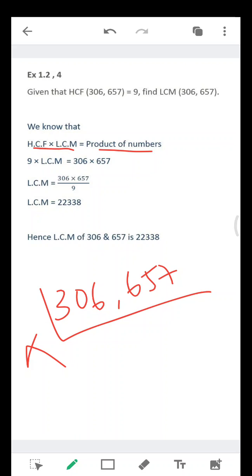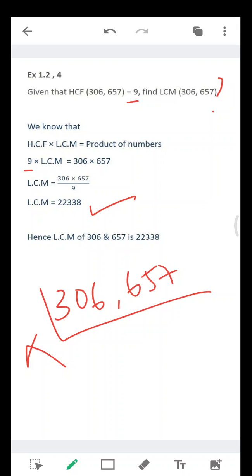SCF into LCM is equal to product of two numbers. SCF is 9, so I wrote 9 here. LCM, we don't know what is the LCM, so LCM as it is, and the two numbers are 306 and 657. Okay, so LCM will be 306 into 657 by 9. When you simplify it further, you'll get 22,338, and that will be your LCM.